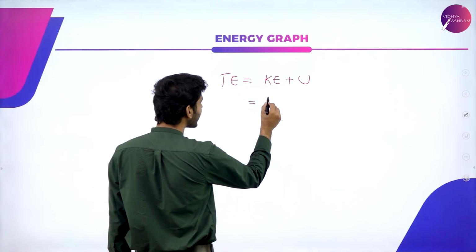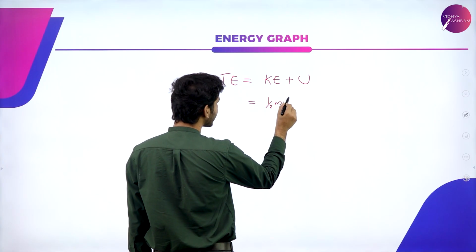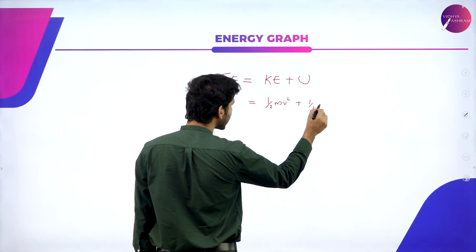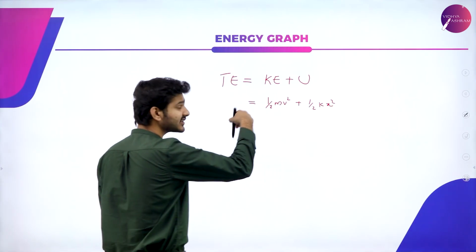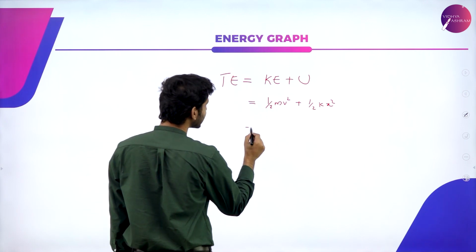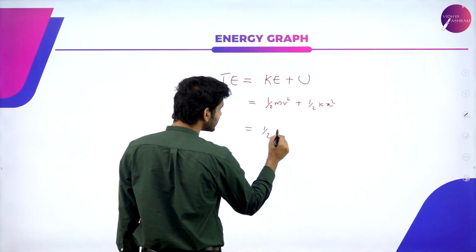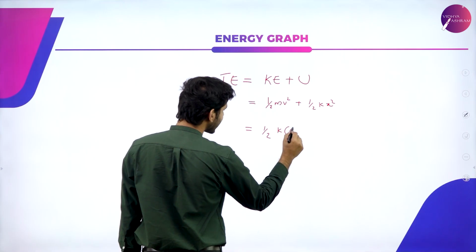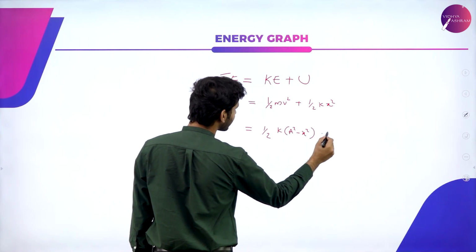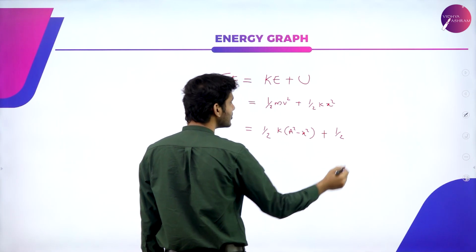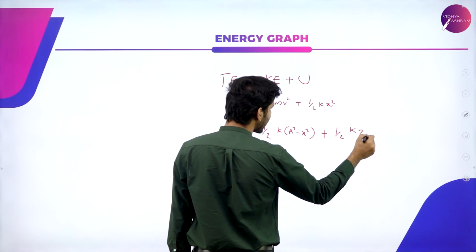So KE is given by half mv square plus half kx square. Again, substituting for the previous values, we can write it down as half into k into a square minus x square plus half into k into x square.